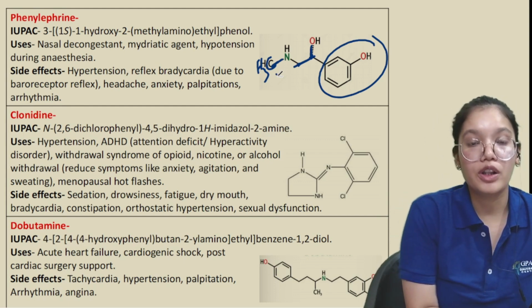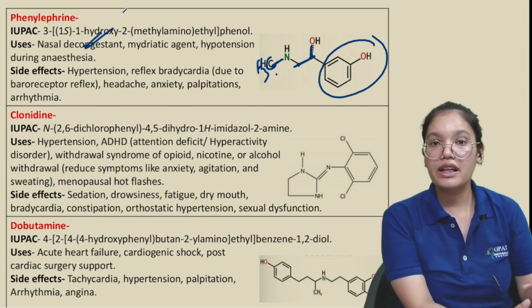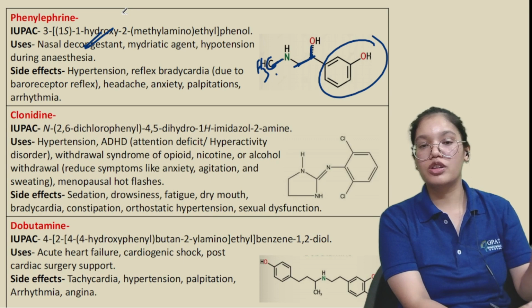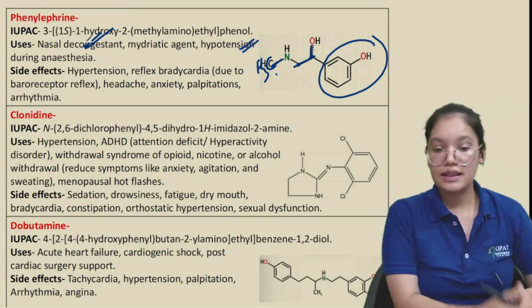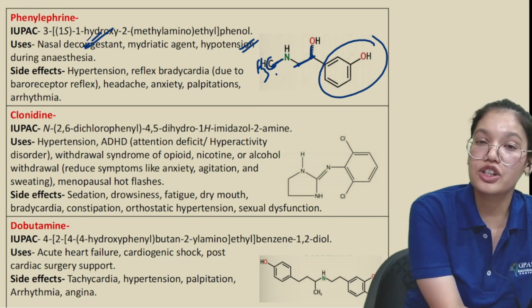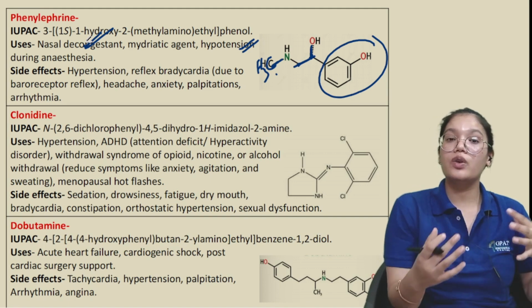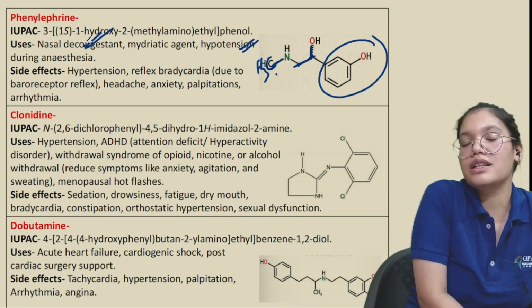Now if we talk about uses: nasal decongestant, then mydriatic agent. Mydriatic means it acts by dilation of the pupil. Then it is also used whenever there is a hypotension condition during anesthesia, so at that time we can give phenylephrine.